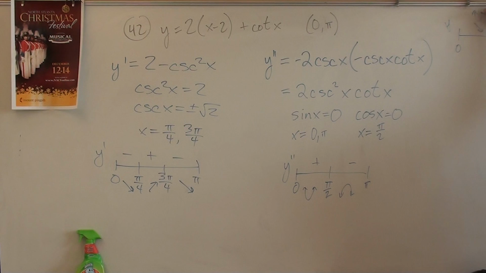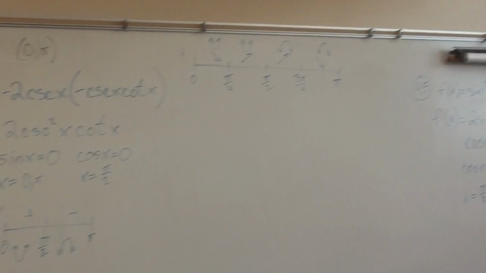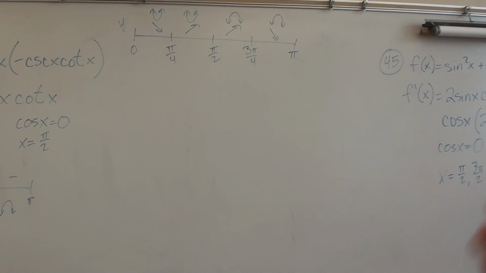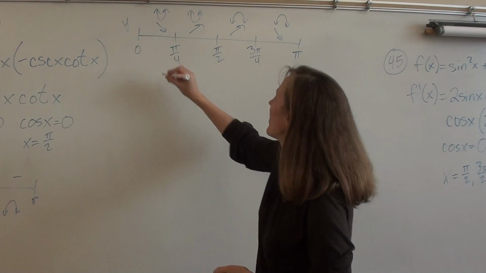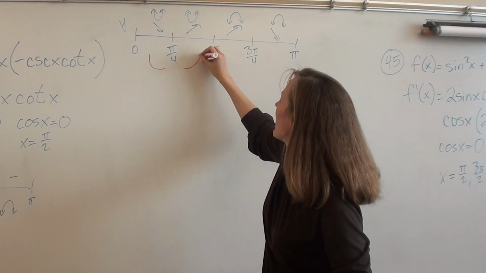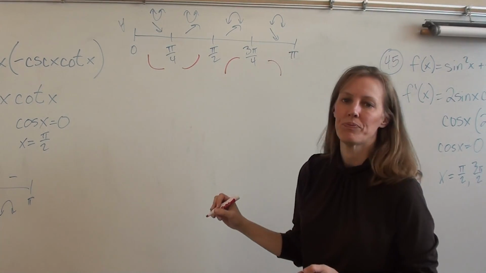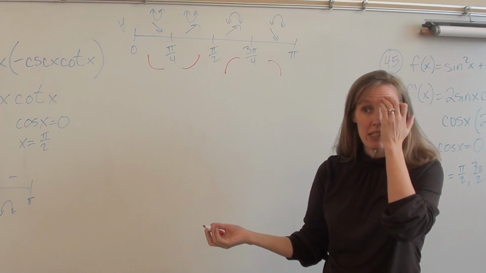We're concave up, up, down, down. So the shape of our graph is that way, that way, that way, and that way. We need some points to plot.